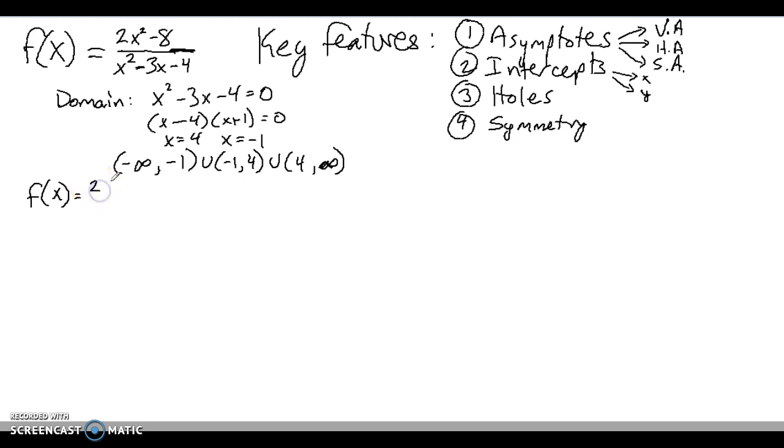Well, we reduce by factoring. So the top gives us 2 times x squared minus 4. Bottom we just factored right here, so let's not even bother to do any extra work. X squared minus 4 can factor, so we will factor it.